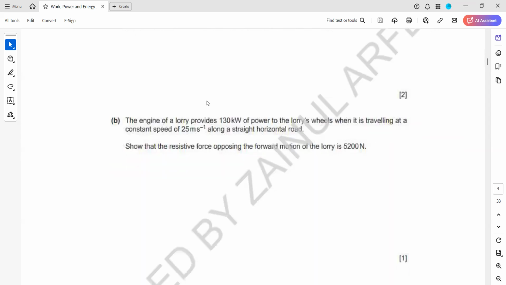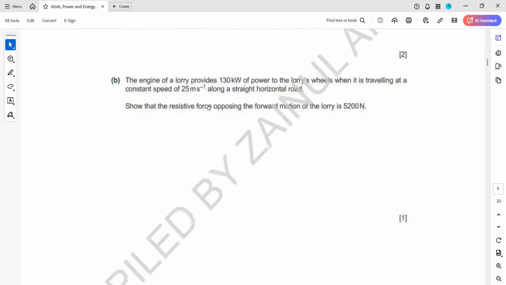The engine of the lorry provides 130 kilowatt of power to the lorry wheels when it is traveling at a constant speed of 25 along a straight horizontal road. Show that the resistive force opposing the forward motion is about 5,200 newtons. Look, when something moves at a constant speed, the driving force will be equal to the resistive force.